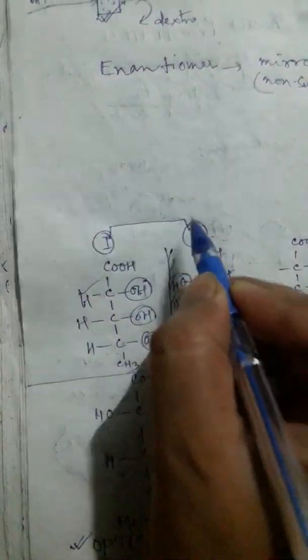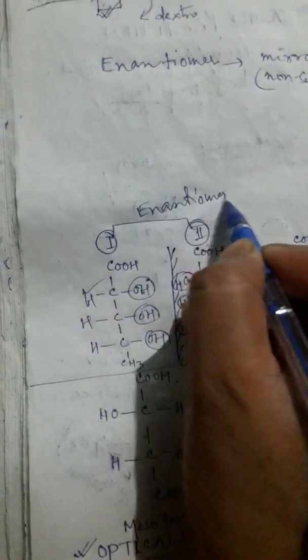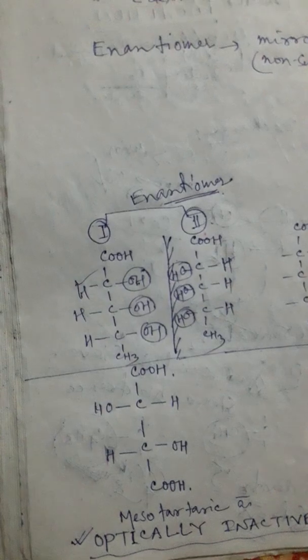So you see right side, left side, right side, left side, right side, left side, like this way here also. So if I call this number 1 and this number 2, these two compounds will be known as enantiomers. This is enantiomer. Okay.